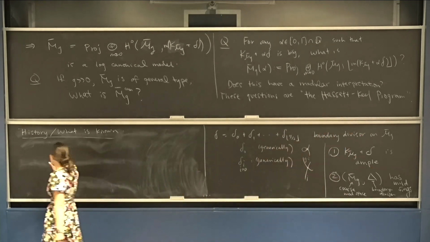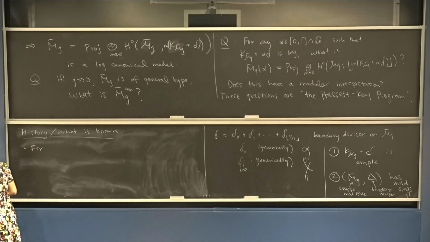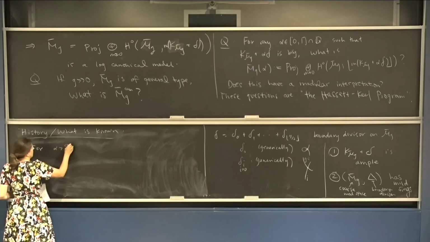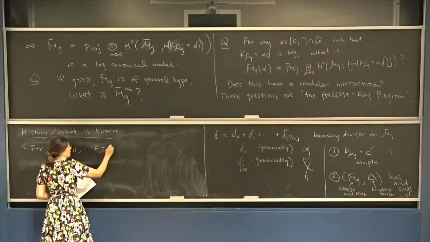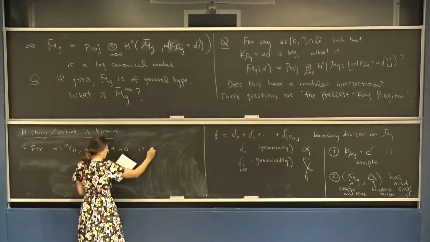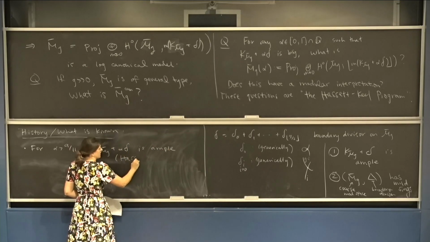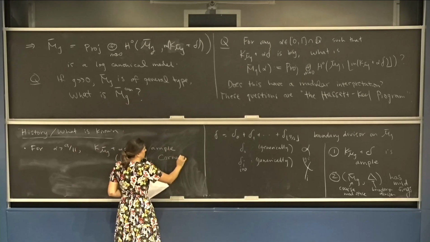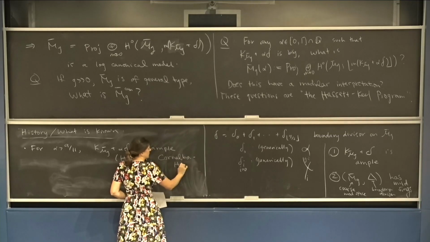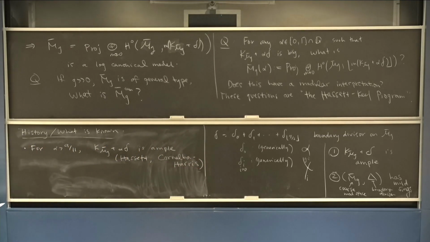So what is known by study of various things? For any genus, say for alpha greater than 9/11, this divisor is ample. This is in Hassett's paper, and maybe follows some work of Cornalba and Harris on the ample cone of M_g bar.